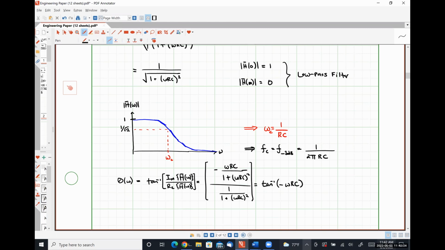And then went ahead and took it one step further and saw what type of phase change occurs while we're doing this. Okay. So this is our analysis for an RC low pass filter.